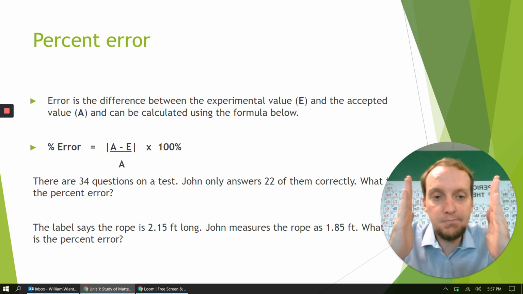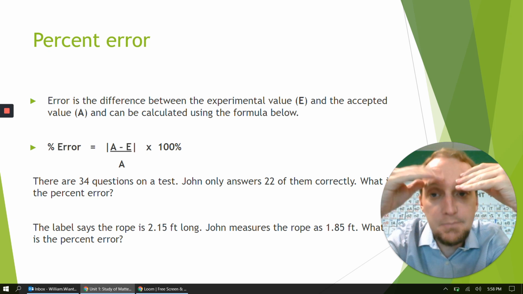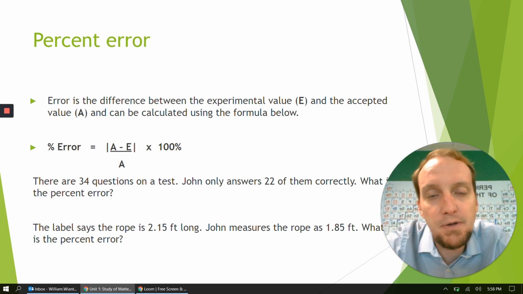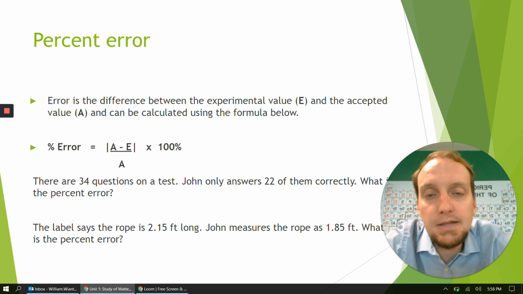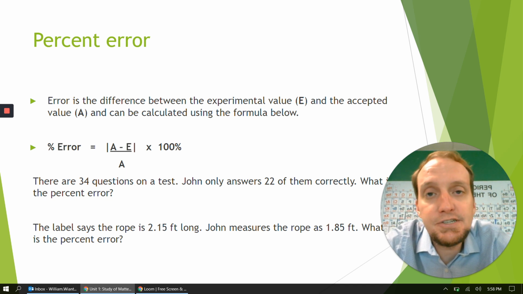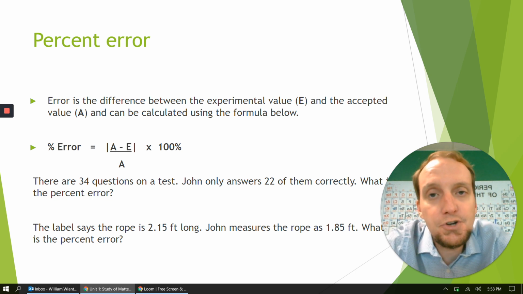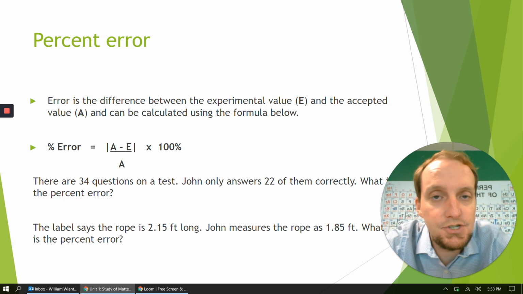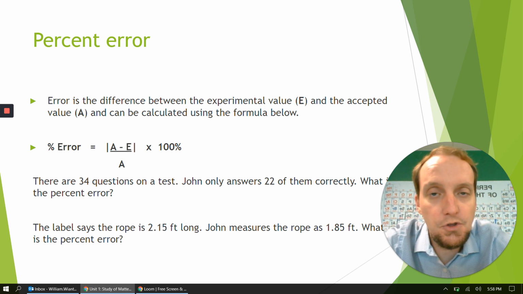Basically, it means if you get a negative value, you drop off the negative sign. It means don't worry if it's positive or negative. You're going to divide that number by your accepted value. And of course, to turn that decimal into a percentage, you would multiply by 100. That again will give you what's called percent error.